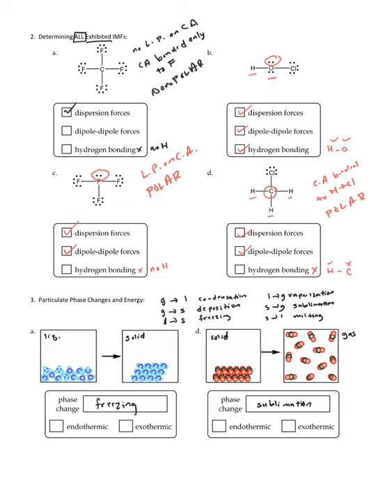But let's think about the particle motion, right? In a solid, those particles have the least energy. A gas always has the most energy. And the liquid has kind of an intermediate energy.